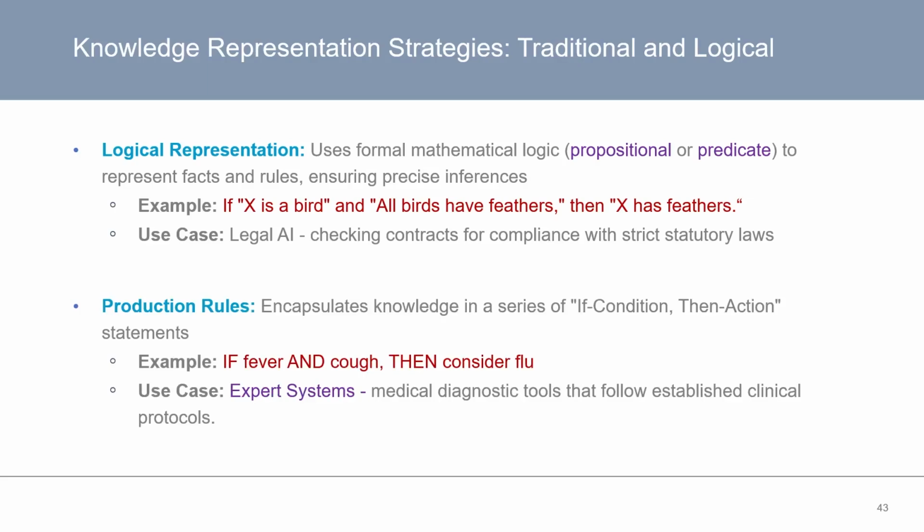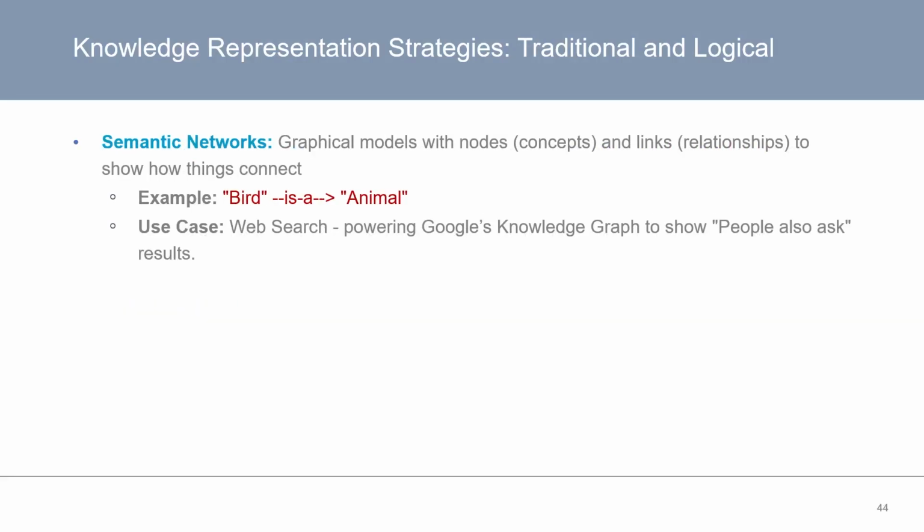Second, we have production rules. These encapsulate knowledge in a series of if condition, then action statements. For example, if fever and cough, then consider flu. These representations are a common part of expert systems, which can be used as medical diagnostic tools that follow established clinical protocols. Third, we have semantic networks.